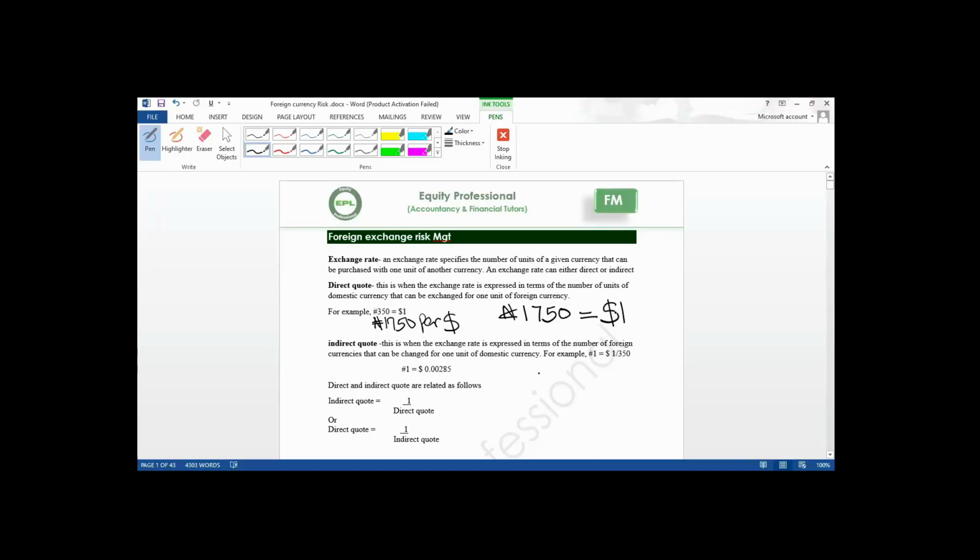Dollar is a foreign currency. Where exchange rate is stated in terms of the number of units of domestic currency that can exchange for 1 unit of foreign currency. That is direct quote.